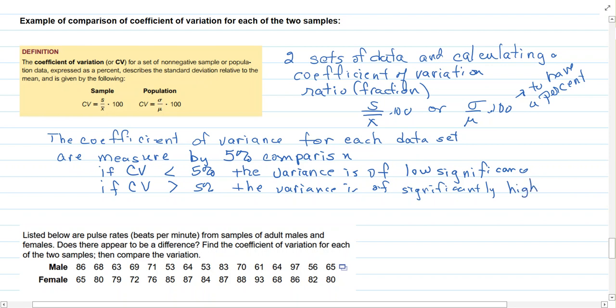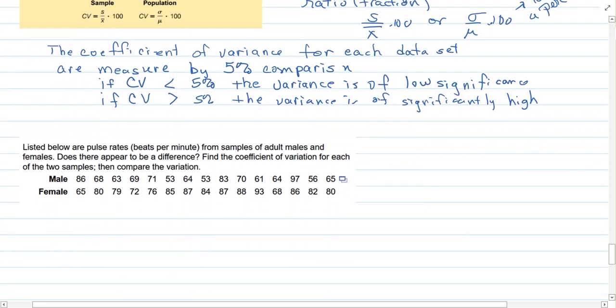Okay, so the 5% shows that, yes, there is a distinct proof that something is valid in the coefficient.